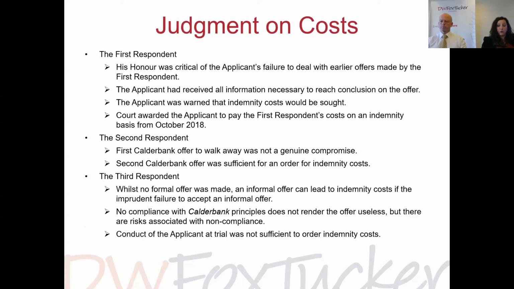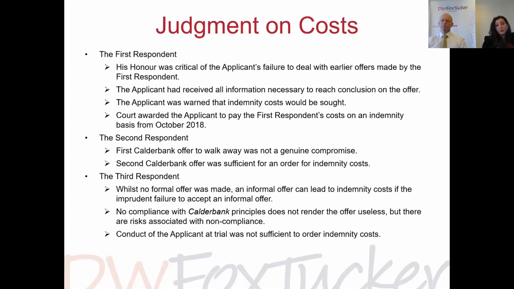The first respondent actually made an offer dated back to 3 October 2018, which set out to the applicant's solicitor that the applicant had the wrong entity and that they should not pursue the claim against the first respondent. This position was reiterated again on the 11th of February 2020. However, the applicant continued its claim against the first respondent.